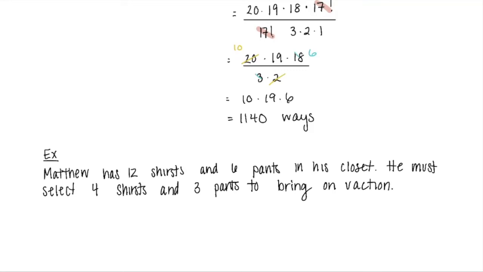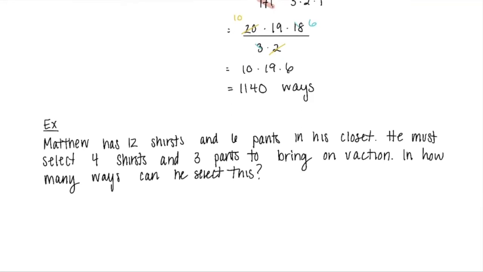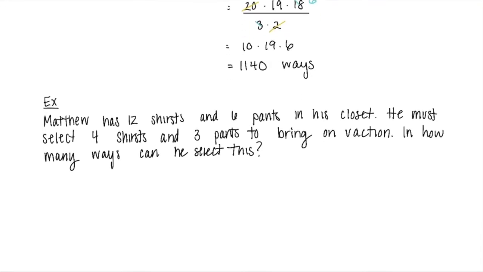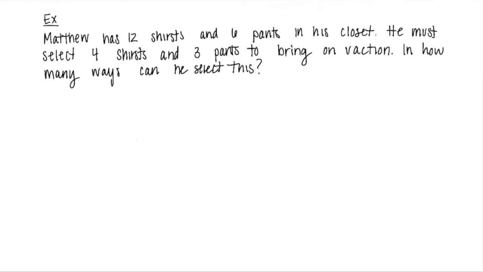In how many ways can he select this? Okay. So I've got 2 distinct events that I'm going to have happen, and then I need to go ahead and combine the 2. So let's first calculate the number of ways he can select a shirt.